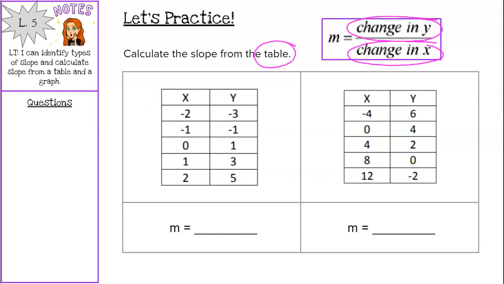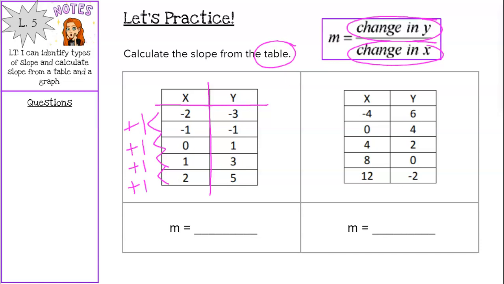We're going to look at our x values over here on our table, and we're going to see how much they change by. So we see we're going from -2 to -1, so that's +1. Going from -1 to 0, that's +1. 0 to 1, +1. 1 to 2, +1. And then we have our y values.